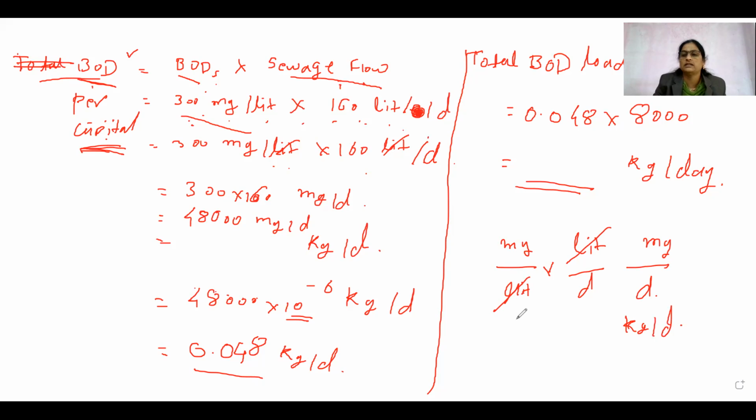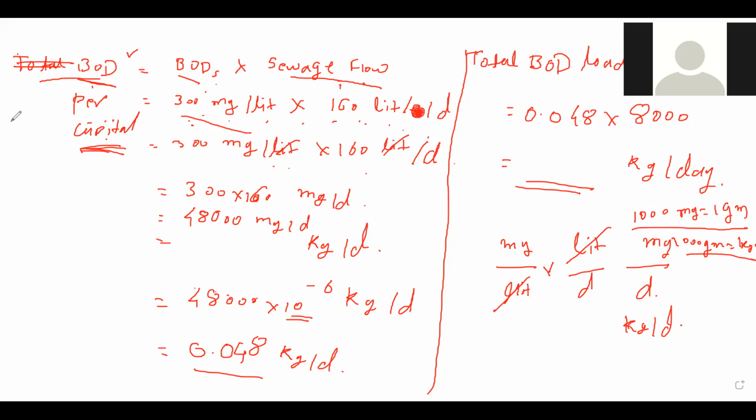To get kg per day, 1000 milligram is equal to 1 gram, and 1000 gram is equal to 1 kg. Do you know this relation? Yes, ma'am.